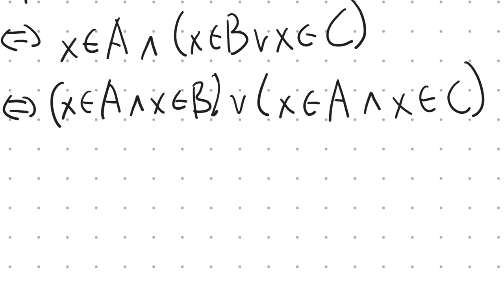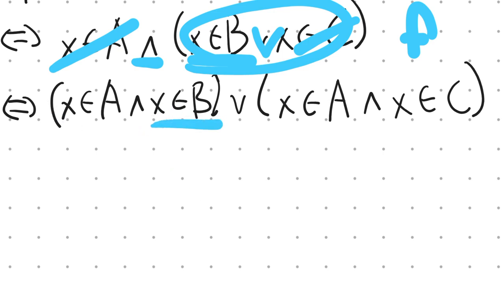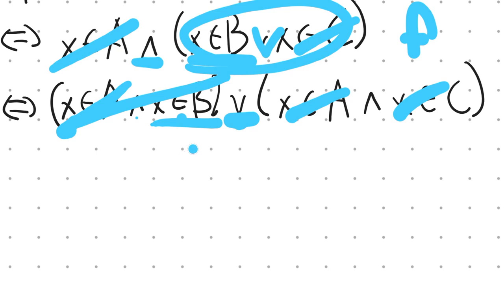Let's say x is in B. It's true, it's false, but it's an or, so it's true. And true and a false statement is a false statement. If x is in B on the second one, this is a true statement, false and true will give you false, or false, so false or false will give you false.